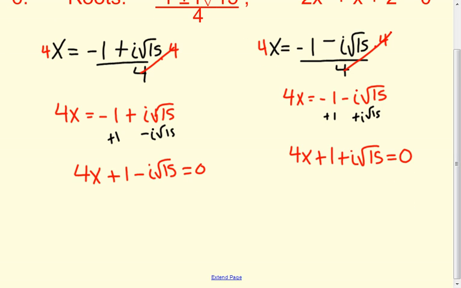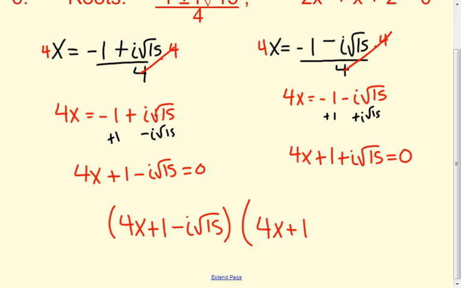And now from here on out, you guys, it's just like always, okay? So you will have 4x plus 1 minus I times the square root of 15 times 4x plus 1 plus I times the square root of 15.